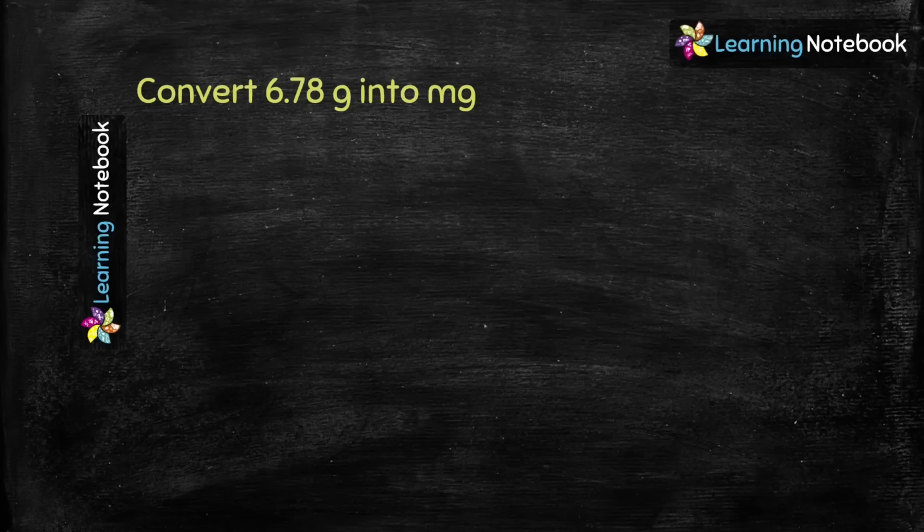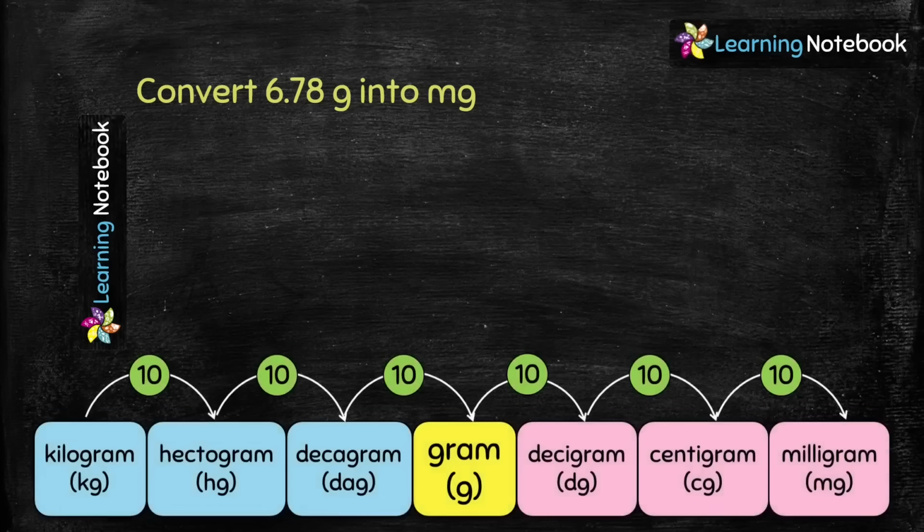Convert 6.78 gram into milligram. So let's refer to this diagram and first find out 1 gram equal to how many milligram. So let's jump 1, 2, 3. So we have jumped 3 times to reach milligram.